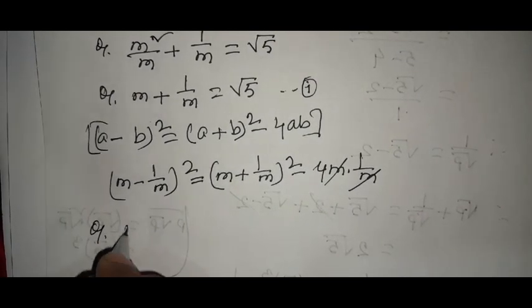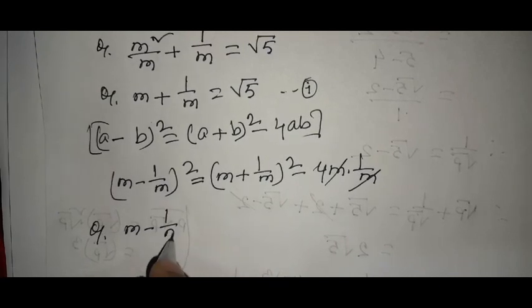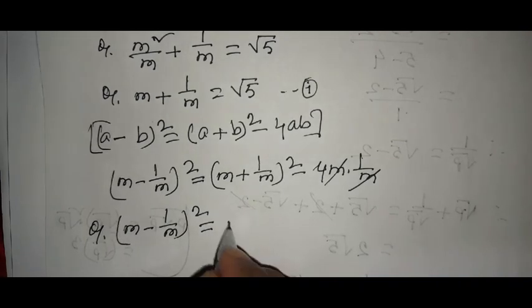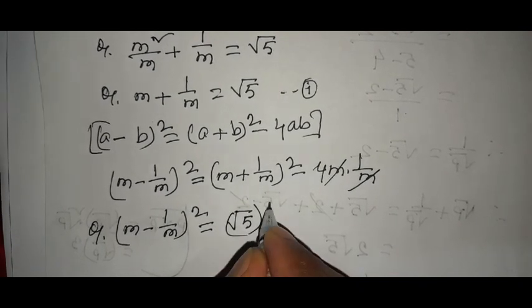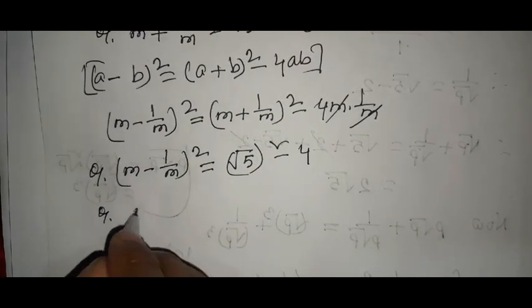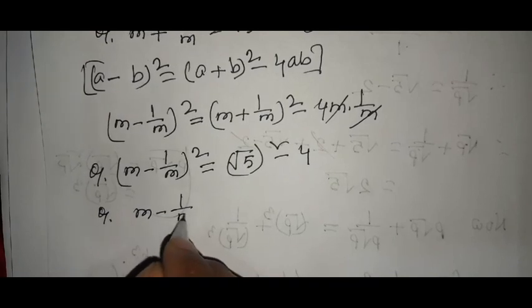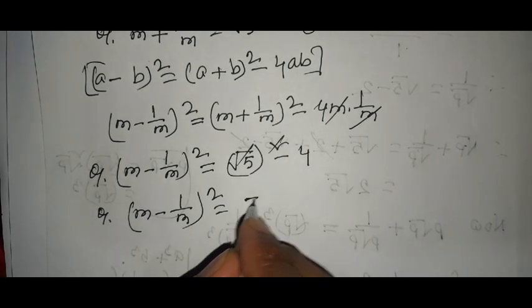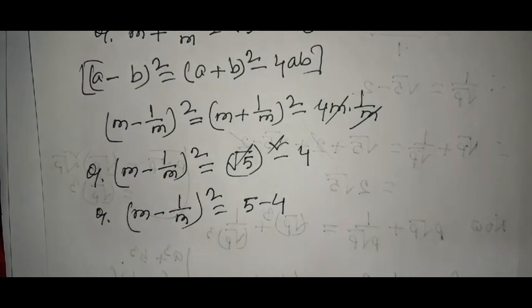We can write (m − 1/m)² is equal to the value of m + 1/m, which is √5, squared, minus 4. So (m − 1/m)² equals the root and square cancelled, 5 − 4.